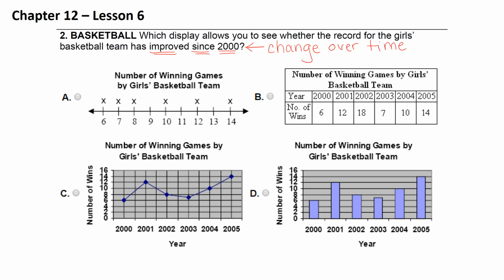And that is best illustrated with a line graph, which is answer choice C. And by connecting these points, we can see that it improved, then they did worse, and then now, since 2003, they are improving once again. And now they've done better than they had done in any of the years past. So this would be a good graph to represent their record and how it has improved since 2000.